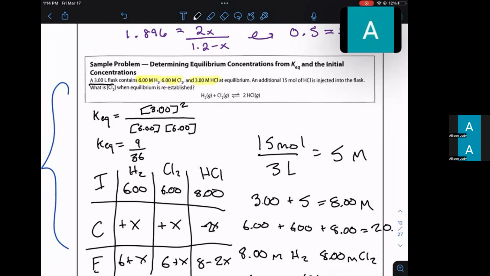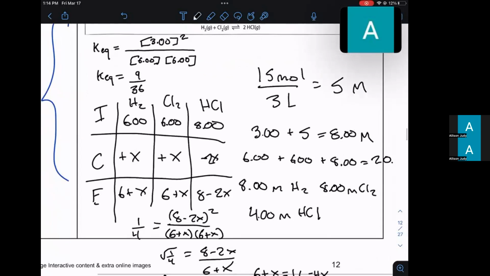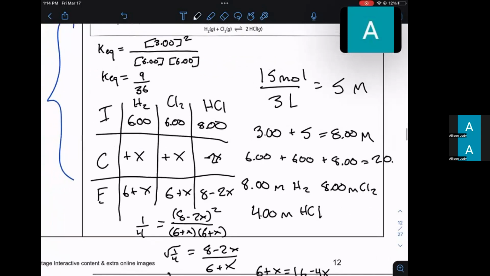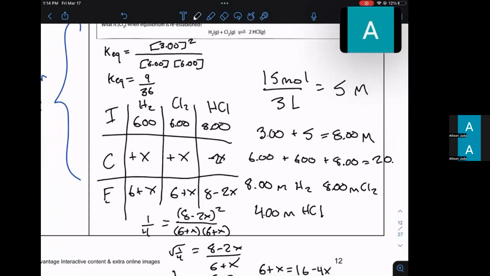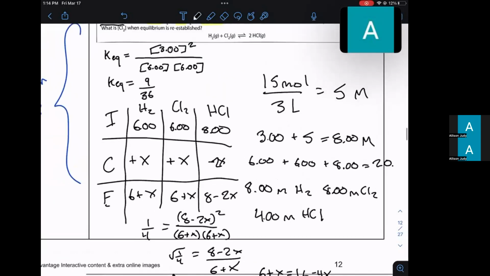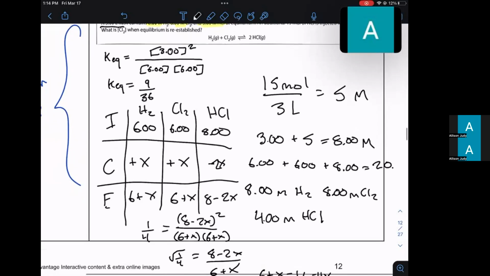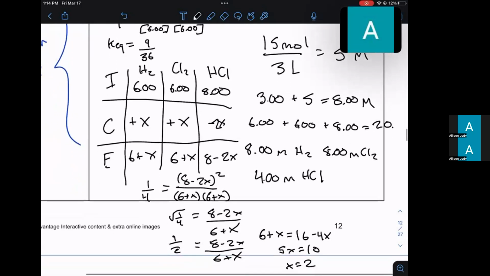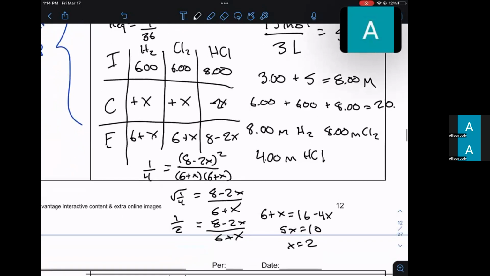This is actually the much simpler way to do it, with the thing I explained at the beginning, but the way you'd set this up is X is your change. You're losing twice as much HCl as you're gaining of either Cl2 or H2. You end up with a molarity at equilibrium of H2 of 6 plus X, Cl2 of 6 plus X, and HCl of 8 minus 2X.